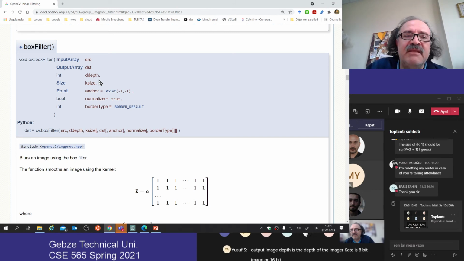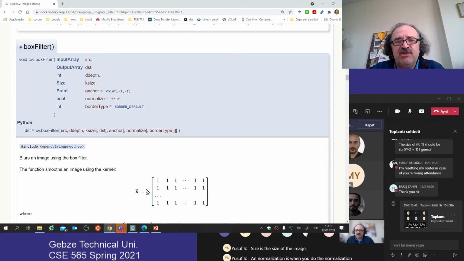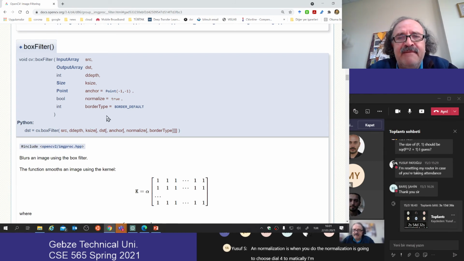Size is the size of the kernel, and with normalization it chooses alpha automatically. And border type is what should I do with the border? Should I mirror it, clip it, wrap around, etc.?